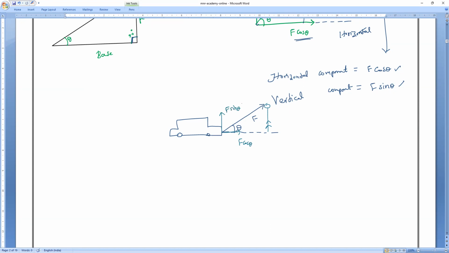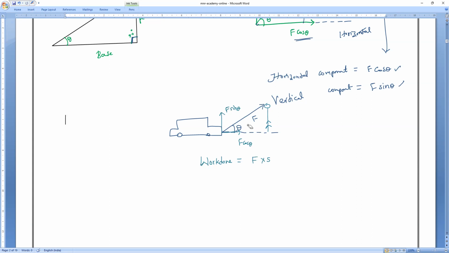So if you notice here, in these cases we need to take the amount of work done. Write it, everybody. Work done is equal to force into displacement.